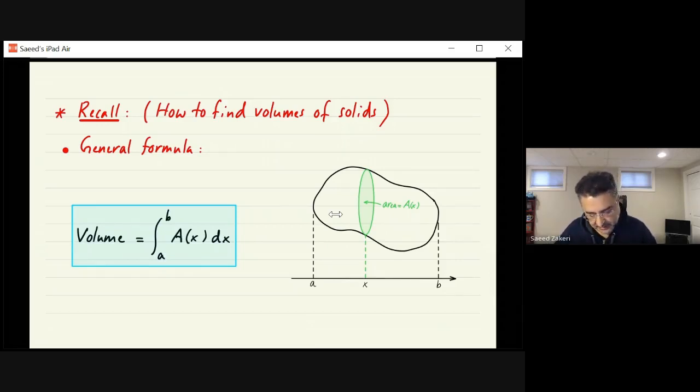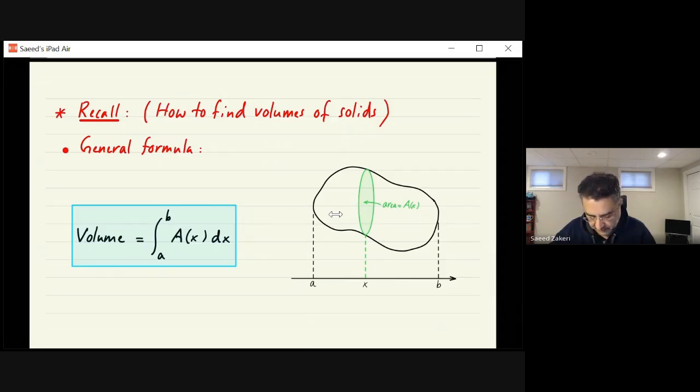The basic fact that we developed last time was whenever you have a solid in space, think of it as a potato, you can find its volume by integrating the so-called cross-sectional area.